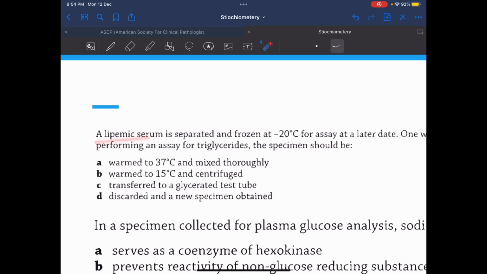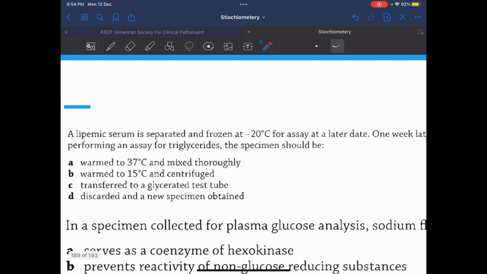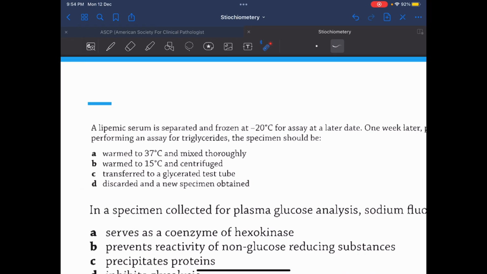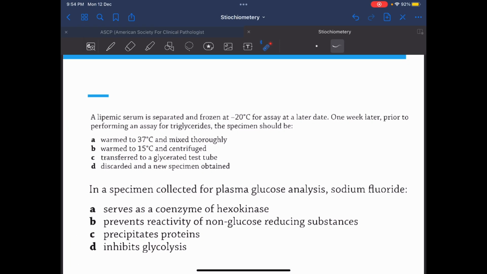A lipemic serum is separated and frozen at -20 degrees centigrade for assay at a later date. 1 week later, prior to performing an assay for triglycerides, the specimen should be warmed to 37 and mixed thoroughly, warmed to 15 degrees and centrifuged, transferred to a siliconized test tube, discarded, and a new sample obtained.